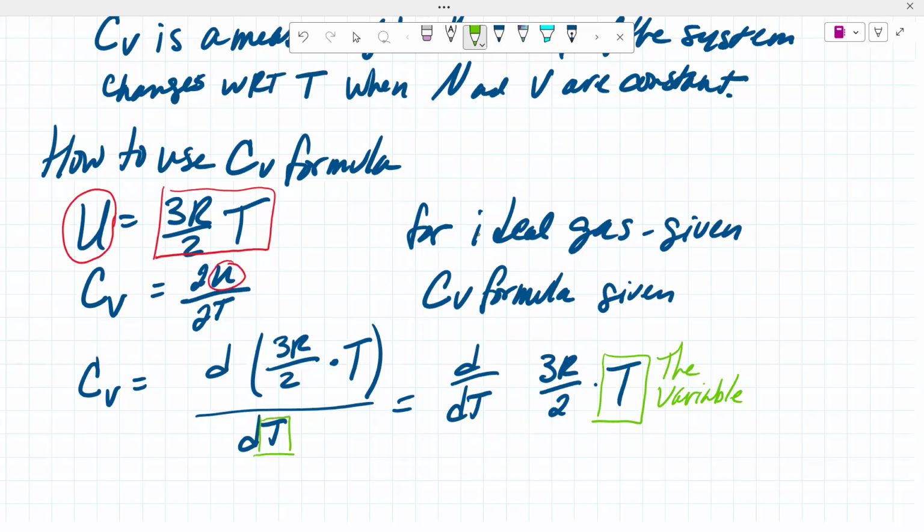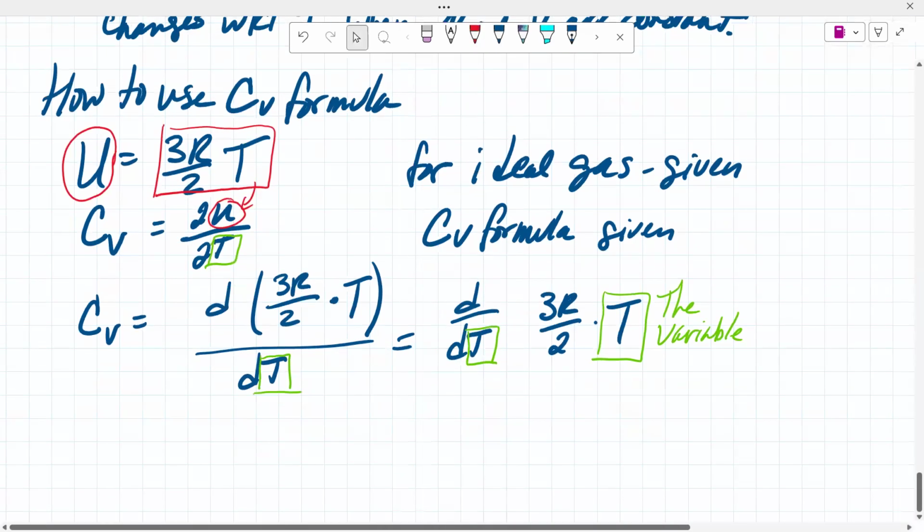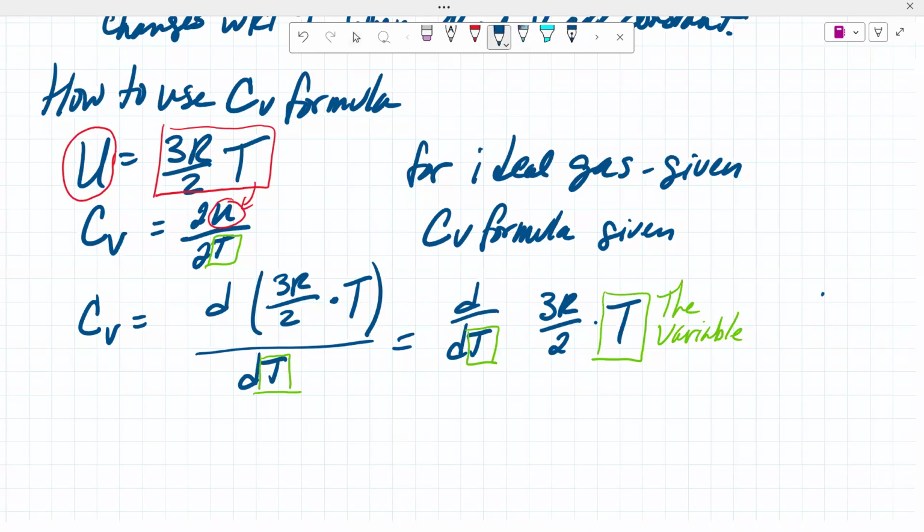That's why T is special, because I'm taking the derivative with respect to T. So I wanted to pull the variable out. And that's because it's d dT right here. That's why I wrote it in that special way, and that's how I knew it was the variable. What I've done here is basically just subbed in U of T.